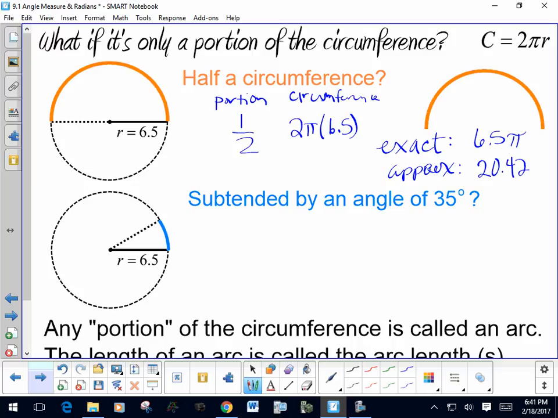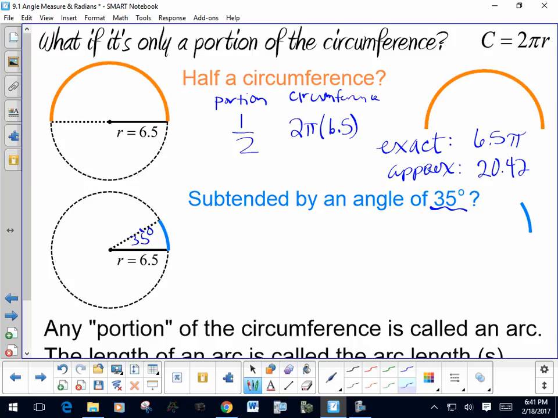Well, half is easy to think about, but what if we don't have that nice fraction? What if instead we know the measure of the angle? So this says that I want to know the length of this arc. Here's this little arc. It's a small piece this time. I want to know the length of this arc if it is subtended by an angle that is 35 degrees.